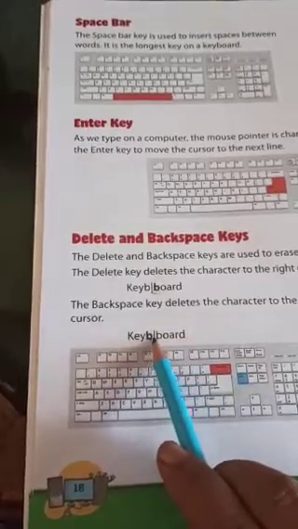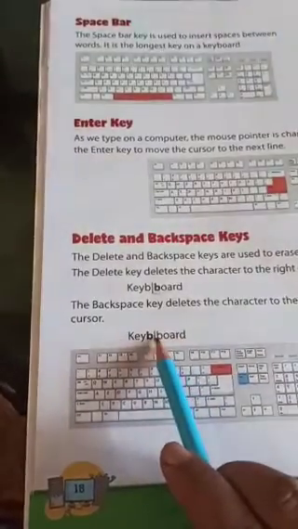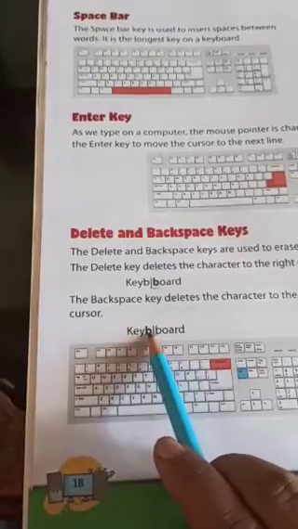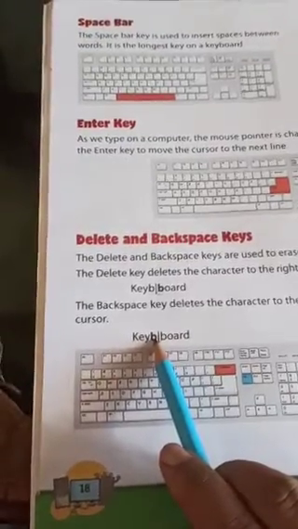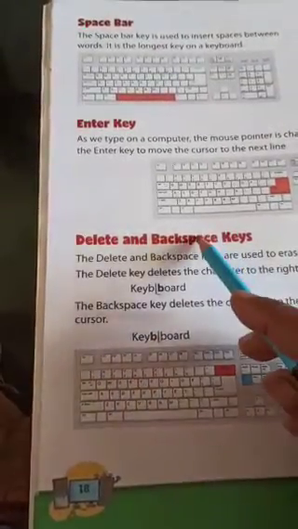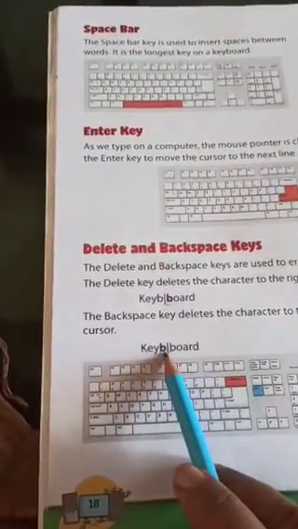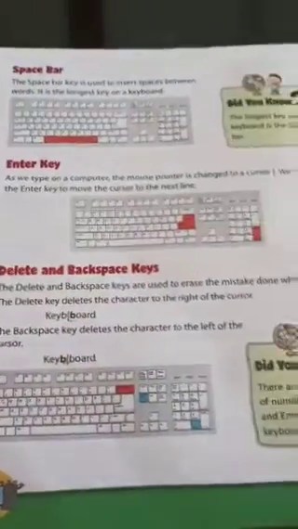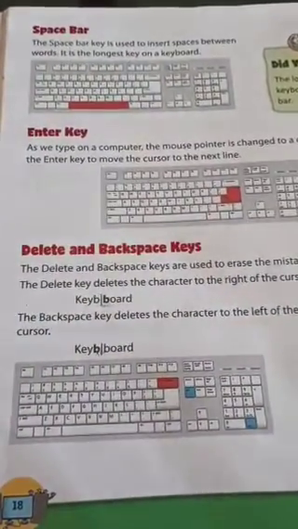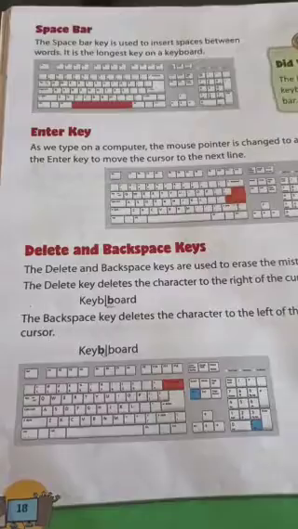KEYBOARD. This B is extra here, so we want to delete this B. Then we will use the backspace key for deleting this B here. So backspace key is used to delete the character to the left of the cursor.